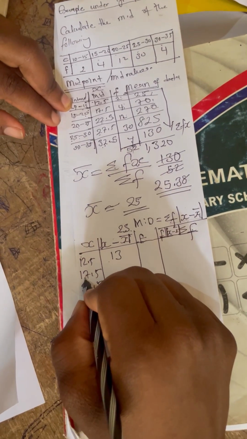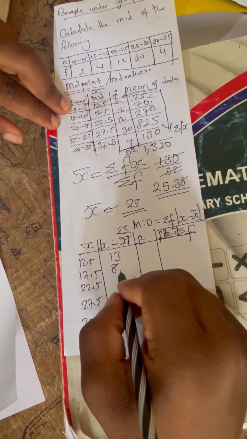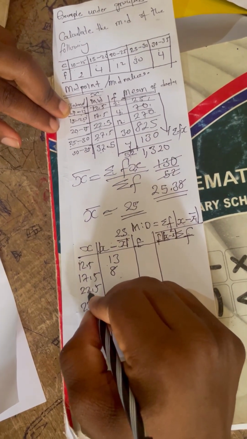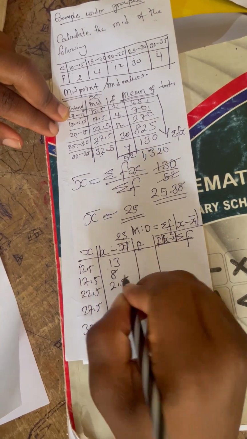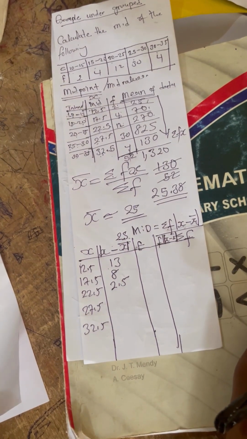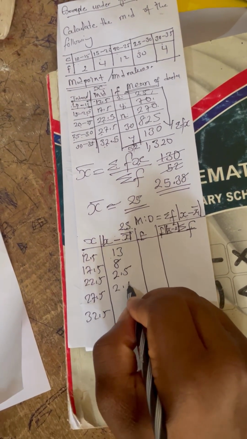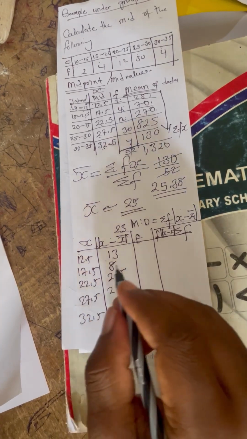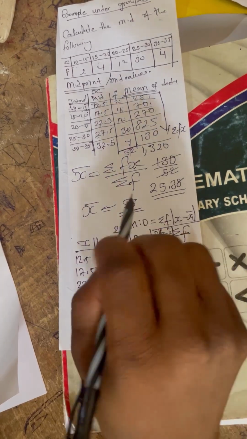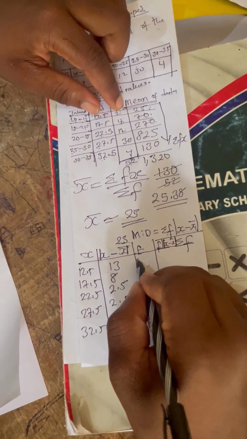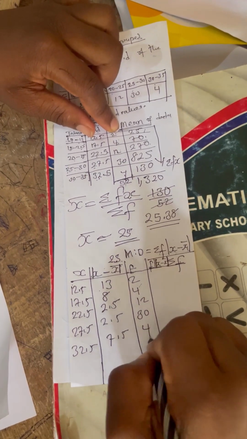The same, 17.5 minus 25 is negative 7.5, but we write the absolute value 7.5. 22.5 minus 25 is negative 2.5, but we write the absolute value 2.5. Here is also 2.5. Then 32.5 minus 25, we are going to have 7.5. The frequencies we take from here: 2, 4, 12, 30, and 4.